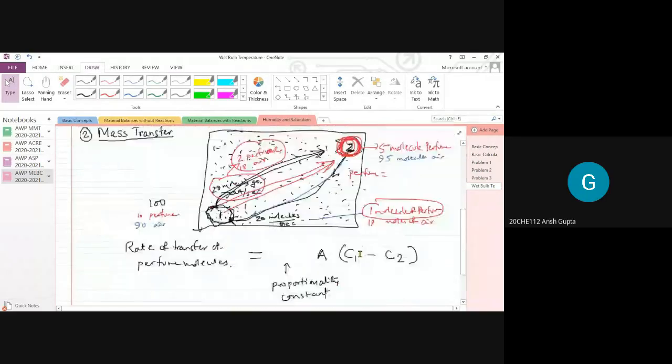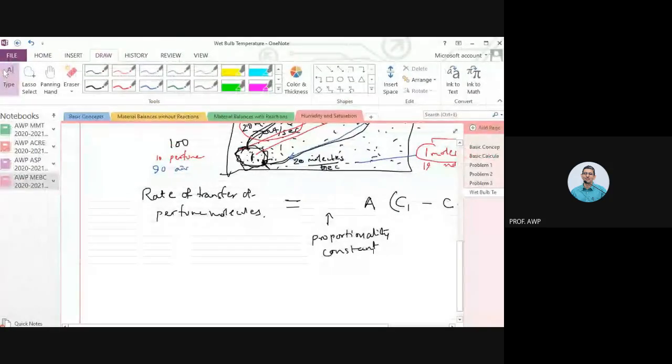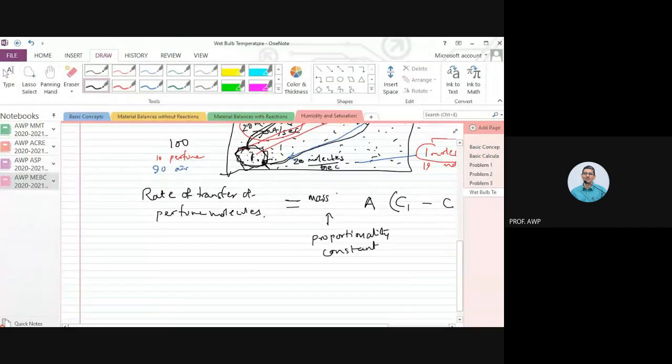Mass transfer coefficient. Right, very smart. Who was that? Ansh. Mass transfer coefficient. And that mass transfer coefficient we are going to denote by a symbol, small k.